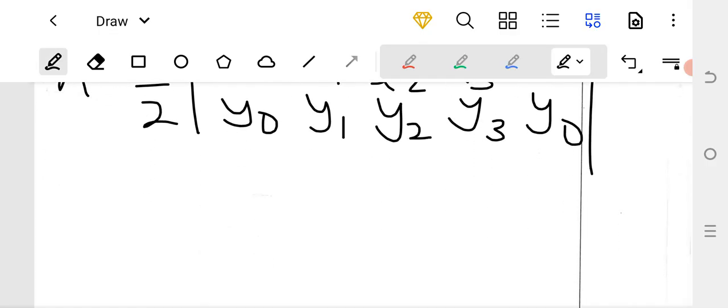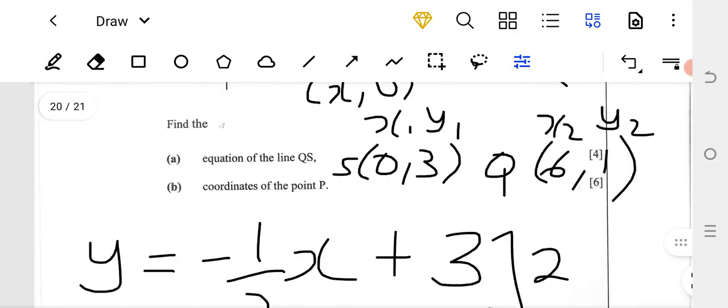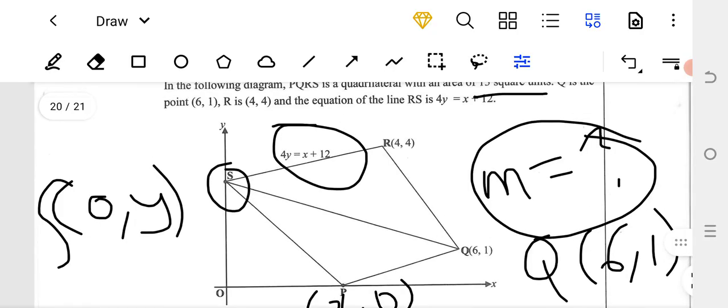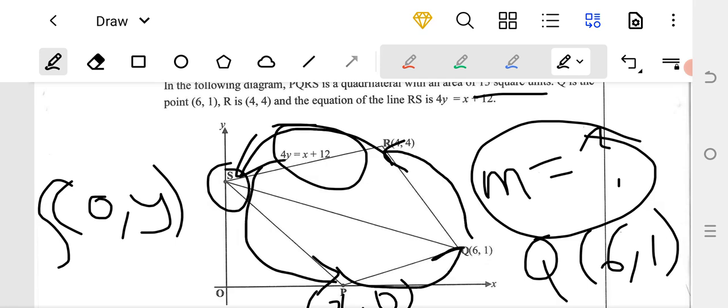So we are going to say 1 over 2 multiplied by my x0, y0, which was (6, 1). That's what I chose. So we are going anti-clockwise. We're going in this direction. We'll be picking coordinates like that. So from here we'll go like that, like that, like that. Then we'll be back to where we started.